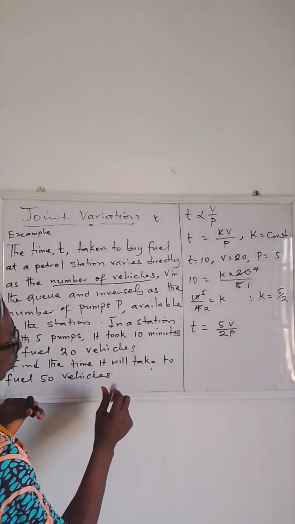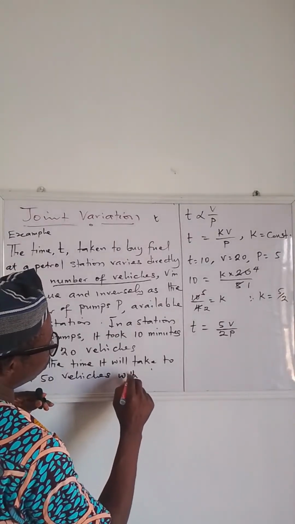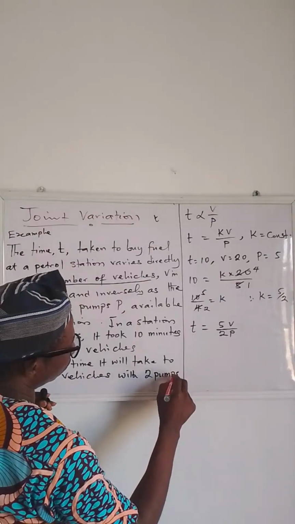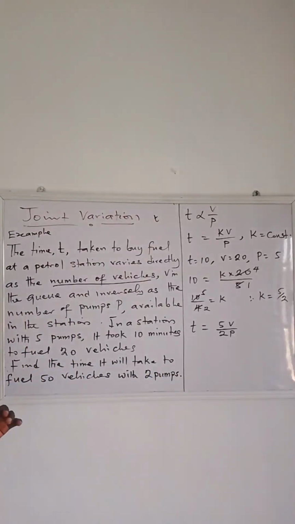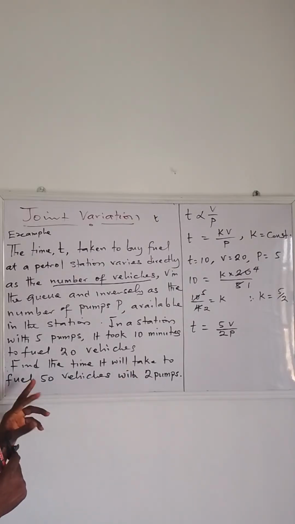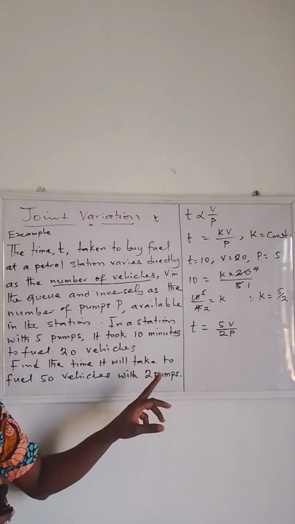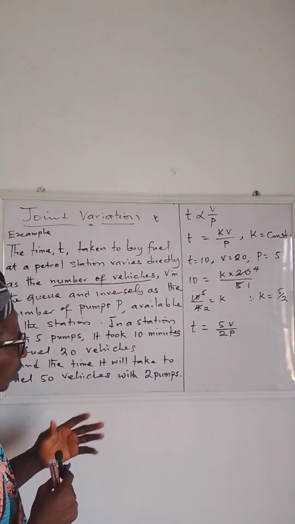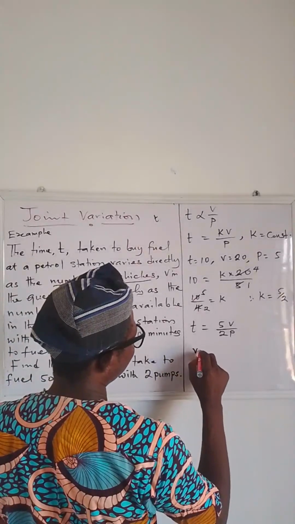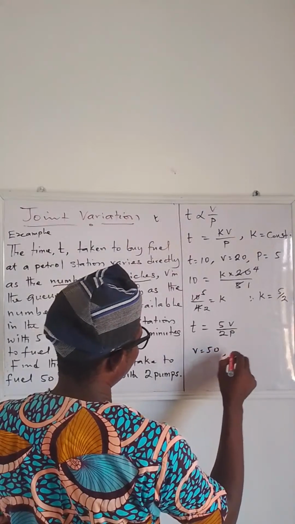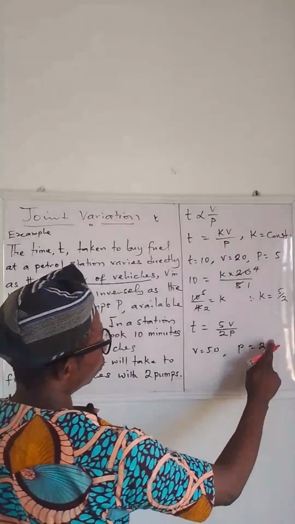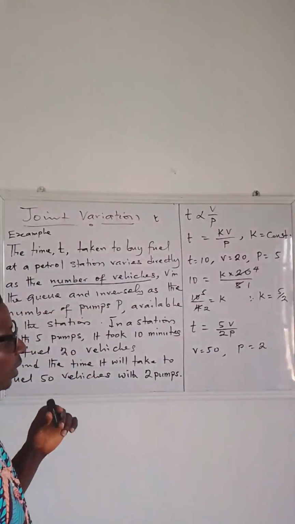So that is the question. We are given the number of vehicles to be 50, and the number of pumps to be 2. Now you have to get the time.